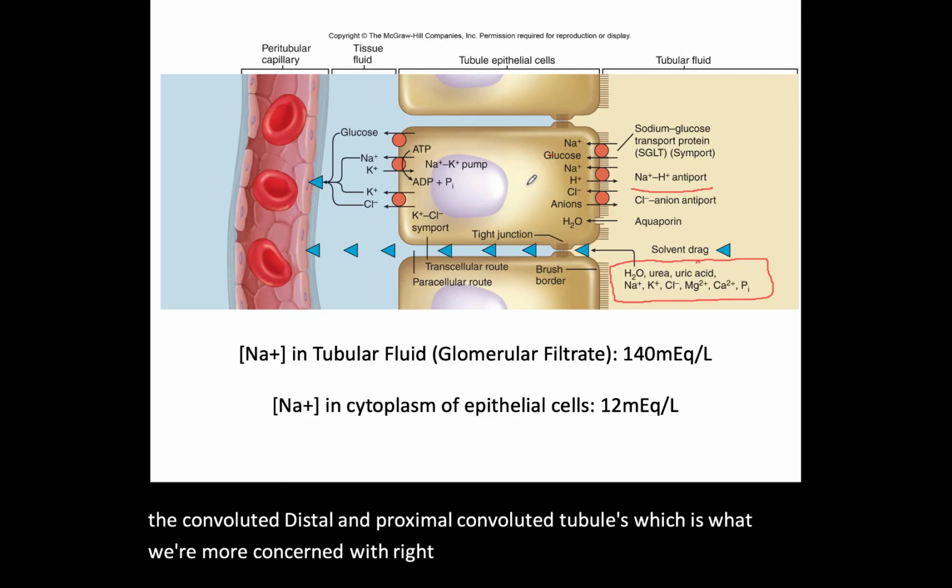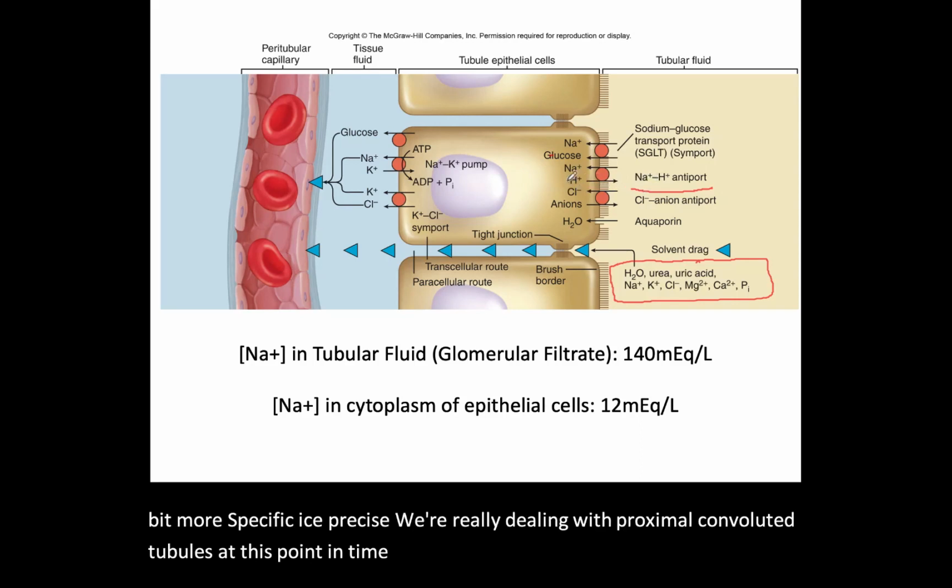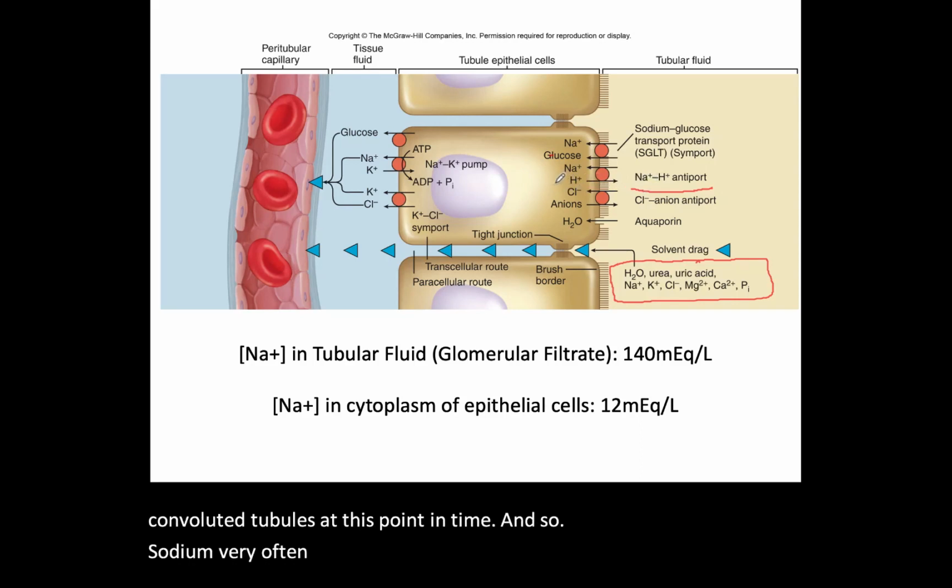And really, if we wanted to be a little bit more precise, we're dealing with proximal convoluted tubules at this point in time. And so sodium very often gets reabsorbed in the proximal convoluted tubule.